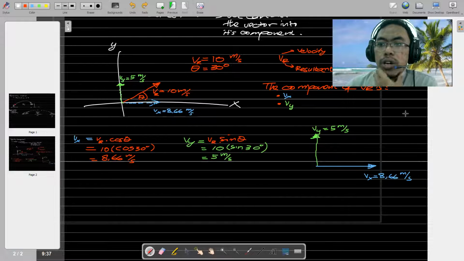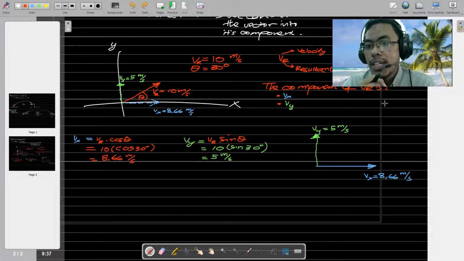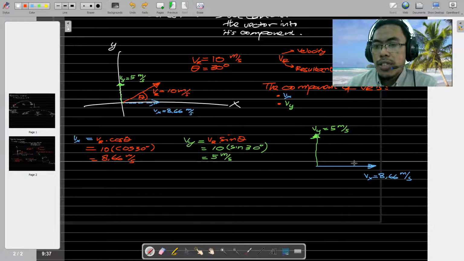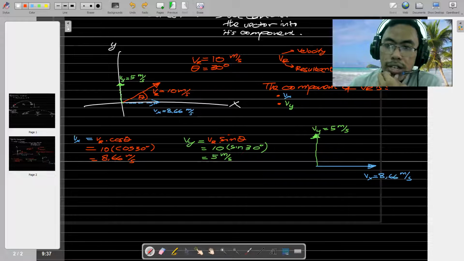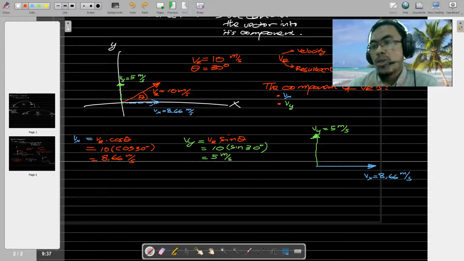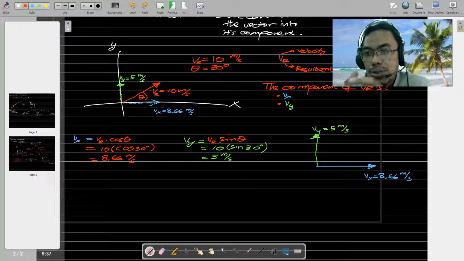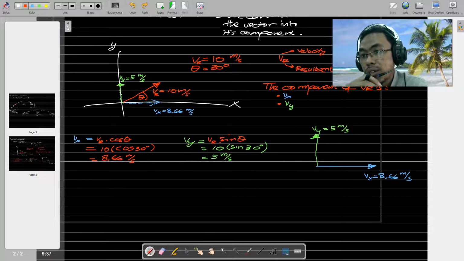After this we are going to try to combine it again, from its components into the resultant, because we also have to know how to decompose and how to combine, not only just to decompose but also how to combine into a new resultant of velocity.